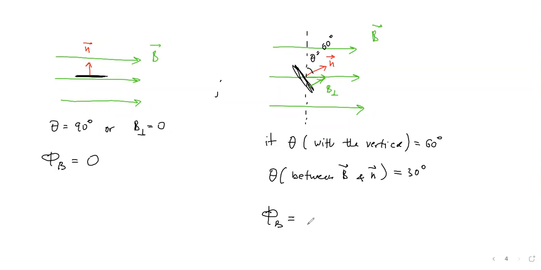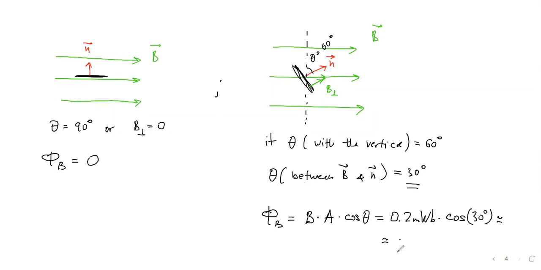We can go with the main equation: magnetic field, area, cos theta. But we should plug in 30 degrees. B multiplied by A is 0.2 milliweber from the previous one, and cos theta is cos of 30 degrees. Is it square root of 3 over 2? Yeah, square root of 3 is maybe 1.7 over 2.